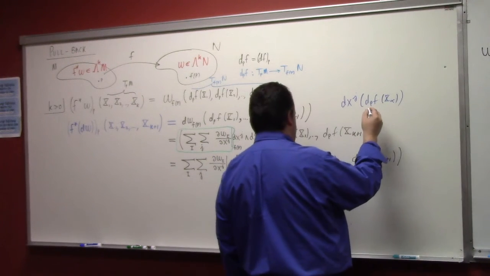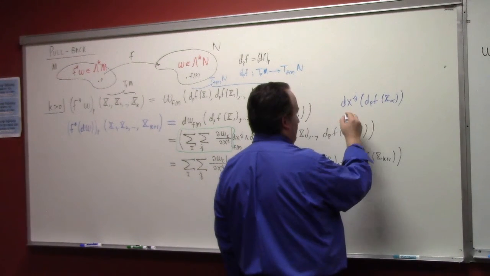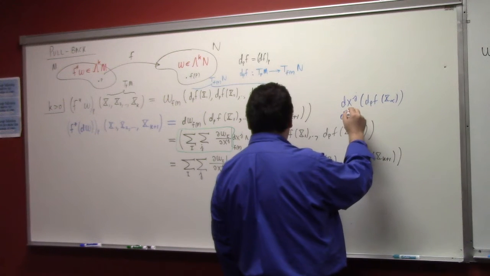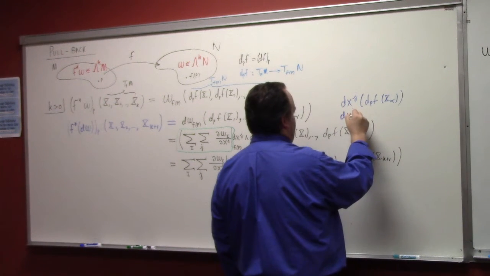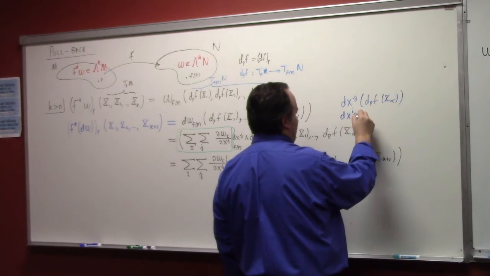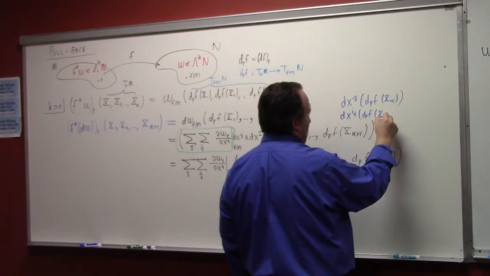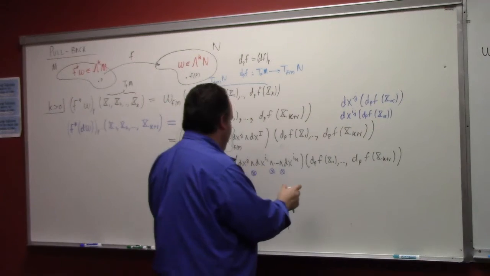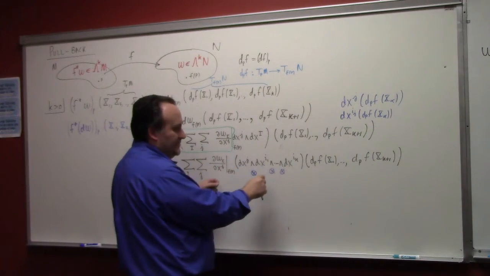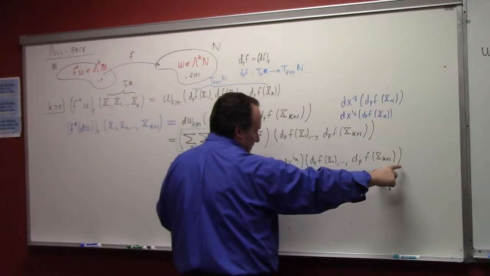And likewise the other ones are like dx i sub j of d at p of f of x alpha. That's what happens once you anti-symmetrize the tensor product and feed it this k plus 1 tuple.